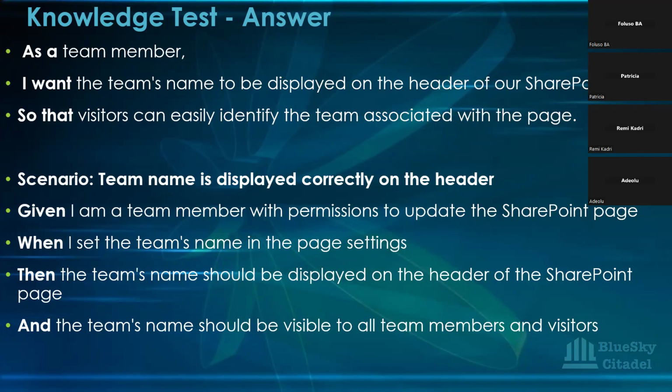Yes, what about the part where I set the team name in the page settings? It seems like I'm the one doing it. No, that's the user's perspective. You are not the one; this team member is not you. You are referring to the user. So in this case, who is the one developing your SharePoint? The SM.